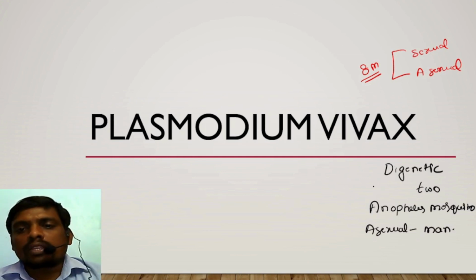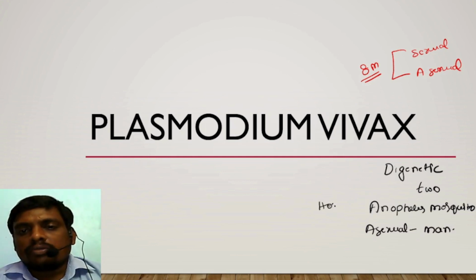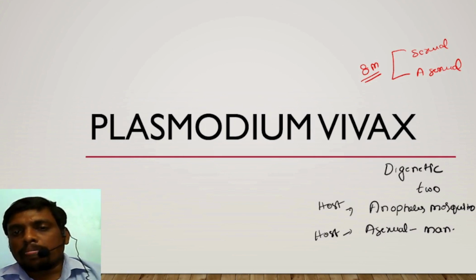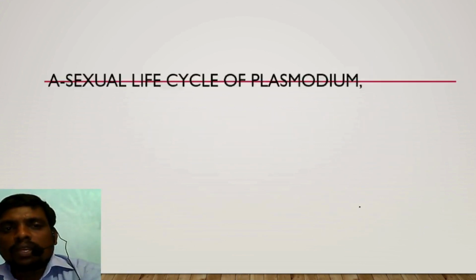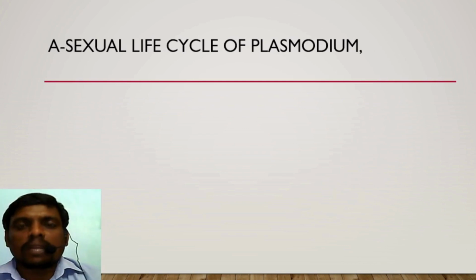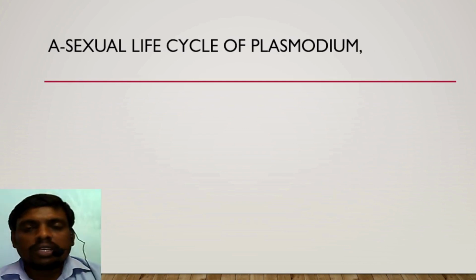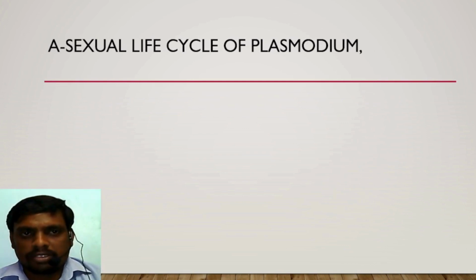So these two are the hosts for Plasmodium vivax and its life cycle. Now let us continue with the asexual life cycle of Plasmodium with the help of a neat labelled diagram and points.